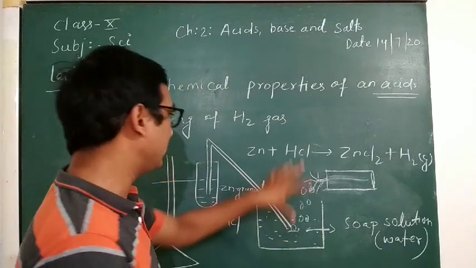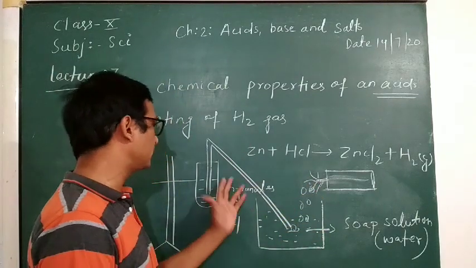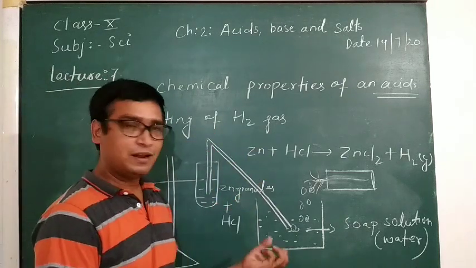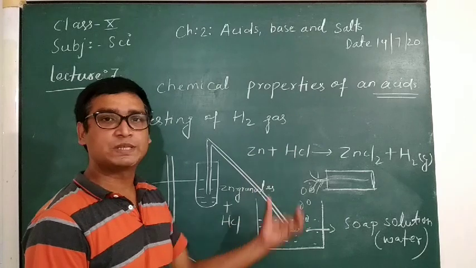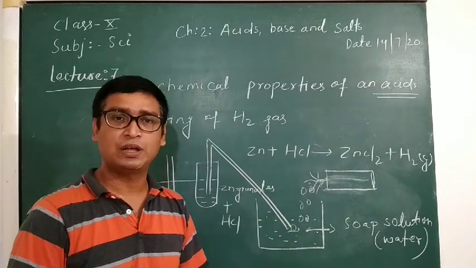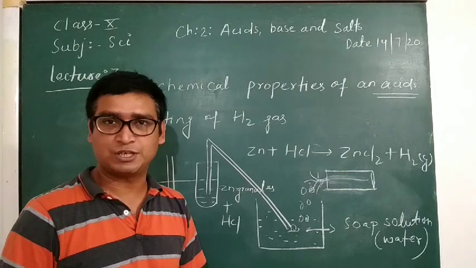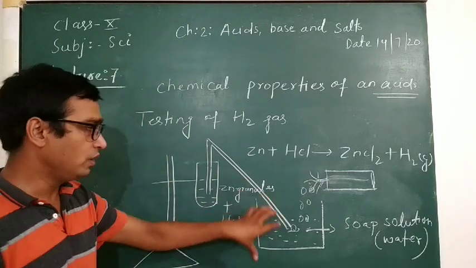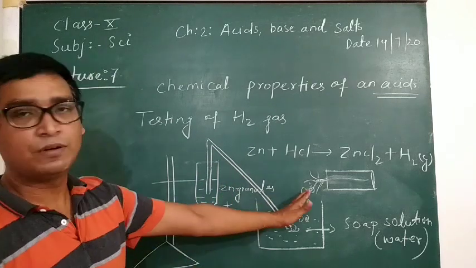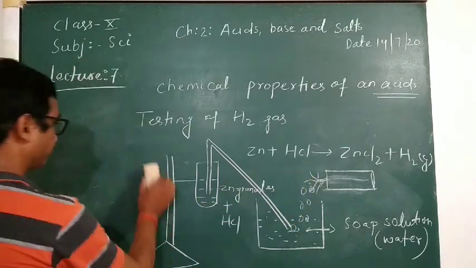From this we can detect that when metals react with HCl or acid, they produce salt plus hydrogen gas. It is given in your textbook, so you can read the activity. In short, this is the whole process of detection of hydrogen gas.